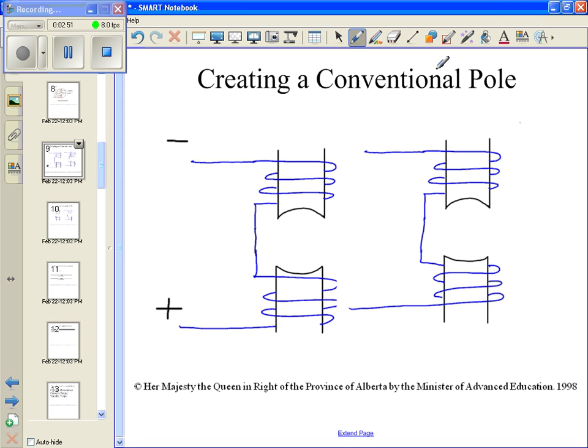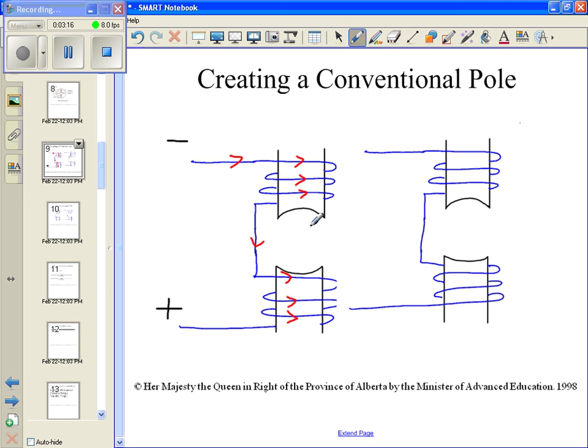So when I apply that voltage across that particular winding, current is going to flow this direction here, like so. It's going to go clockwise around this one, and if we follow it down, current is still flowing, and we end up going clockwise around this one too, because both of these windings are wound in the same direction.